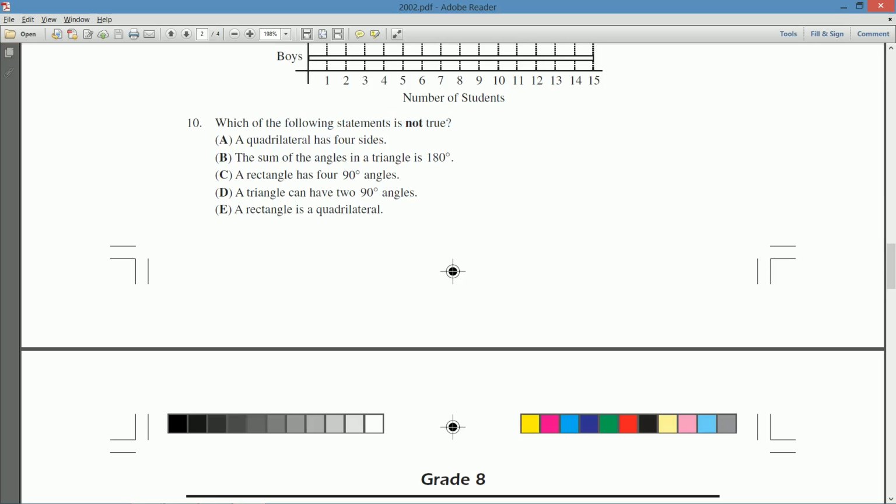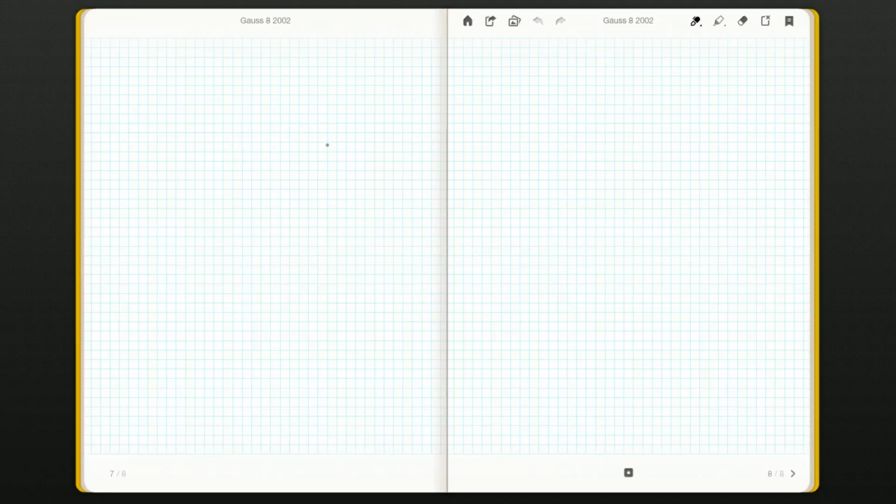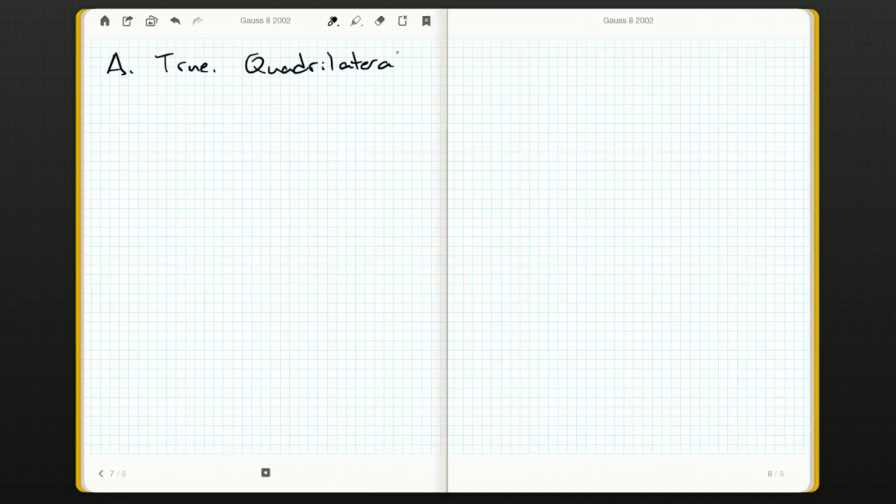So A, a quadrilateral has 4 sides. Well, let's talk about whether or not that's true. So A is true. Quadrilateral, if I am not mistaken, quad is for 4 and lateral means lines.